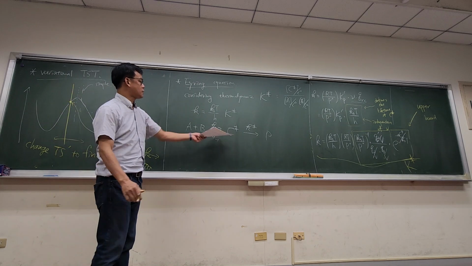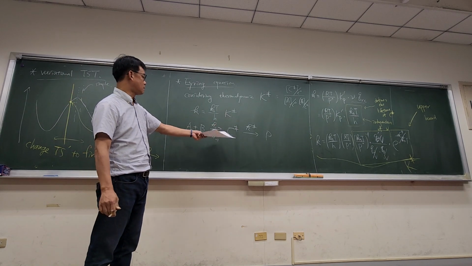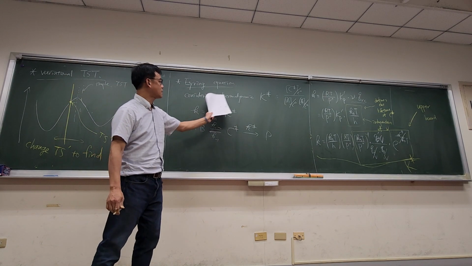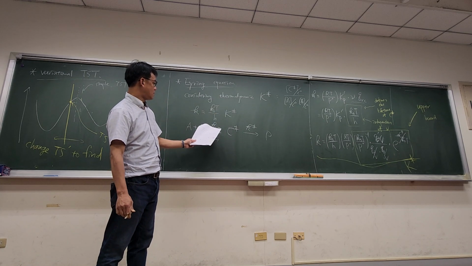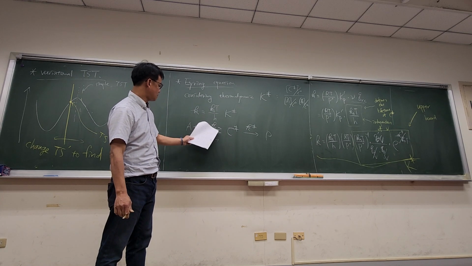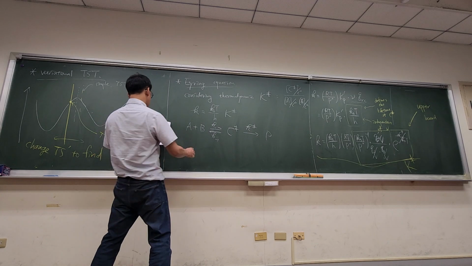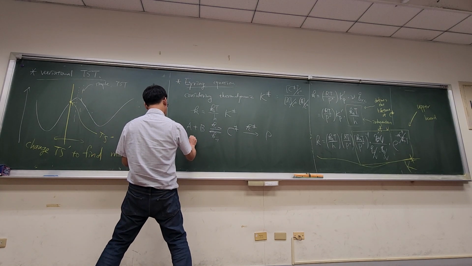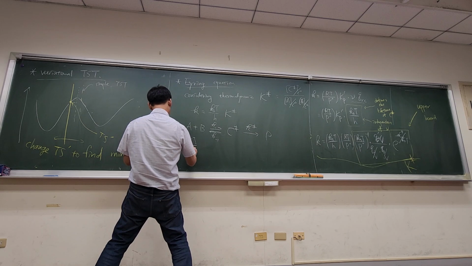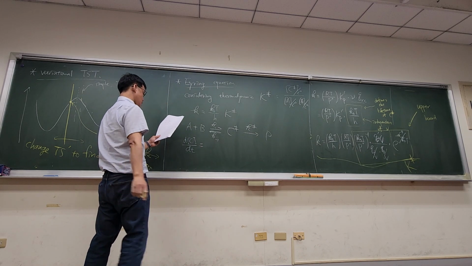You assume this is in equilibrium, so K1 divided by K minus 1 is some equilibrium constant.